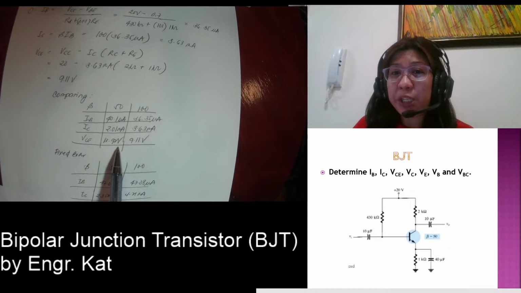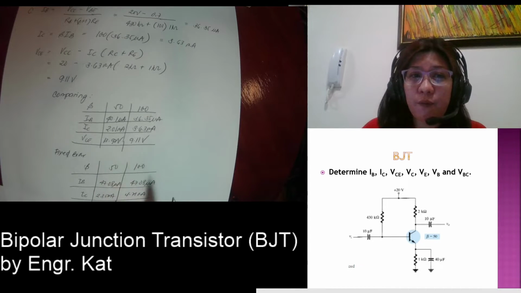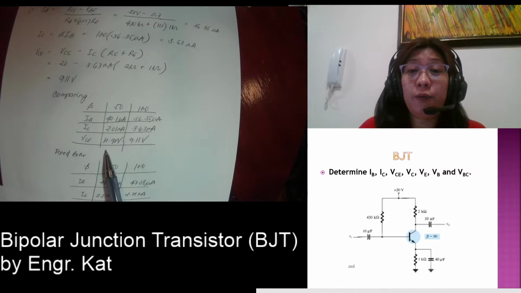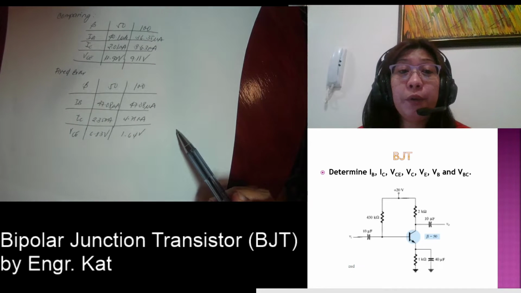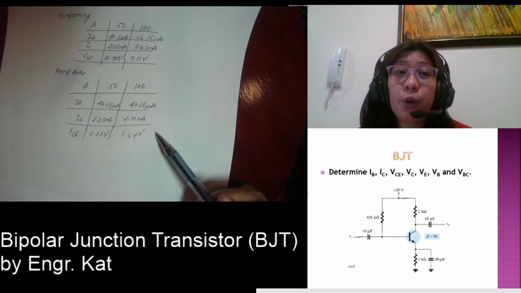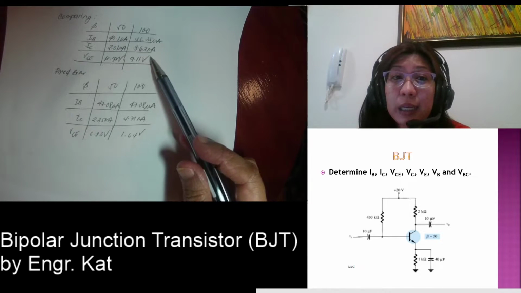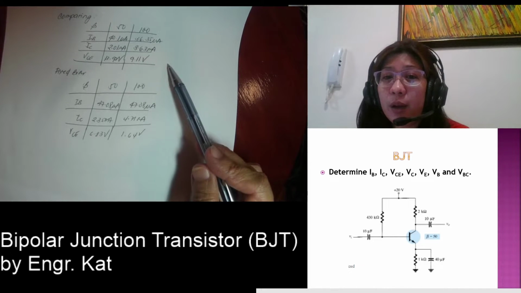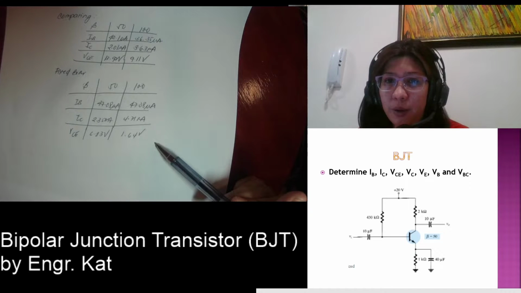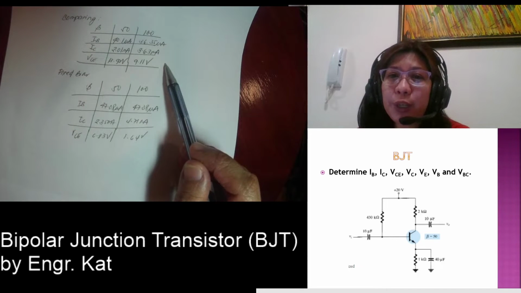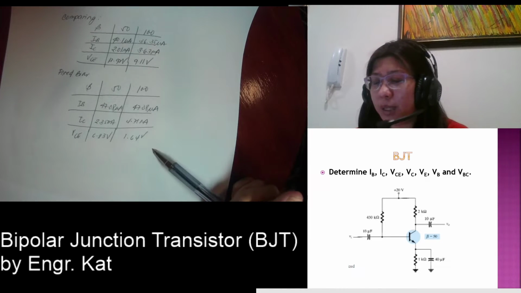This time there is a change, but not as big as the change that happened in the fixed bias configuration, and also with the VCE. Comparing the two, these are our previous results from the previous video. There is a change in both of them, but this has a much lower impact compared to the fixed bias configuration. That's why we can say that emitter stabilized configuration is more stable compared with the fixed bias.